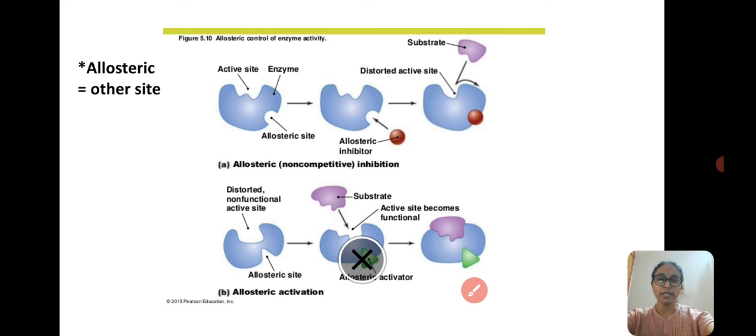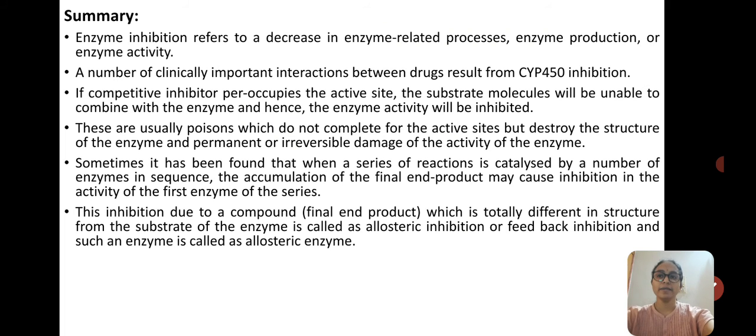Whenever there is no need, the final product itself is going to regulate the enzyme action and tells the enzyme to stop the reaction for the time being, since there is no need of that particular end product. So this is the feedback regulation.